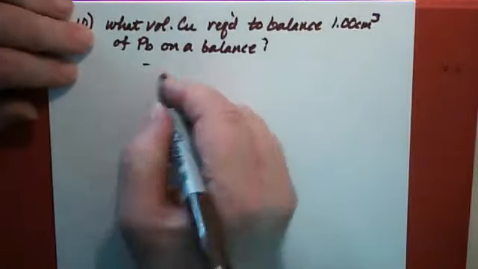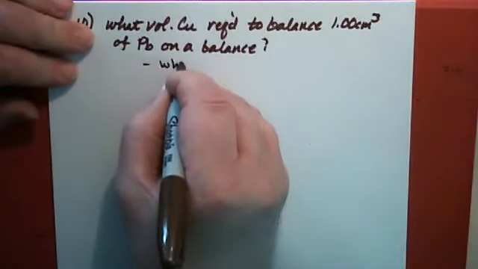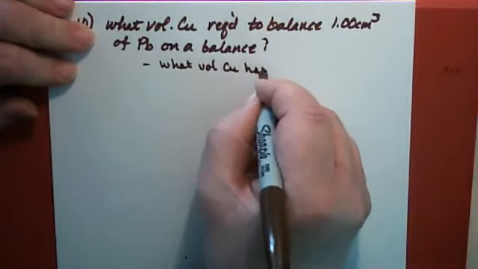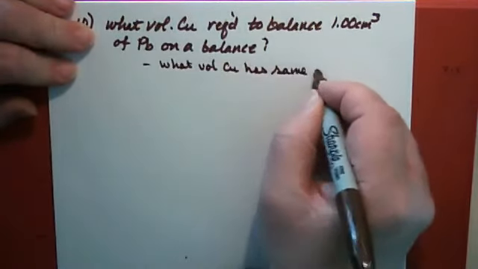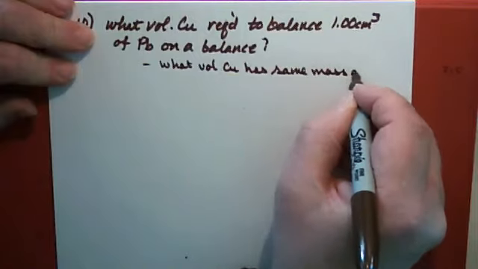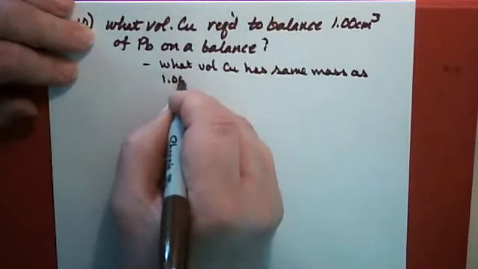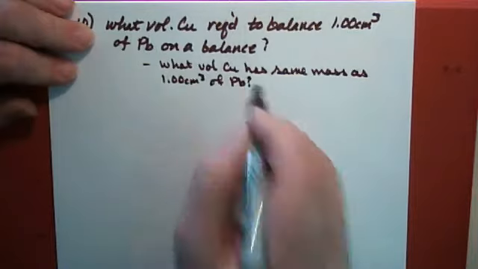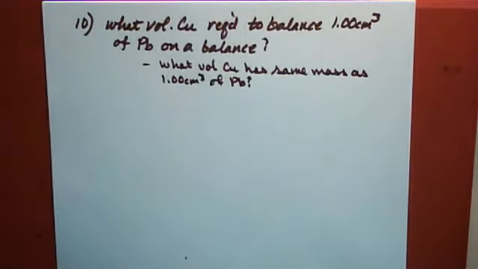Now, a little translation might be in order here. In other words, what volume of copper has the same mass as 1 cubic centimeter of lead?